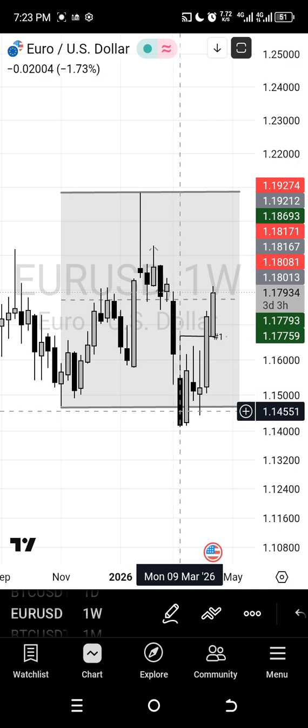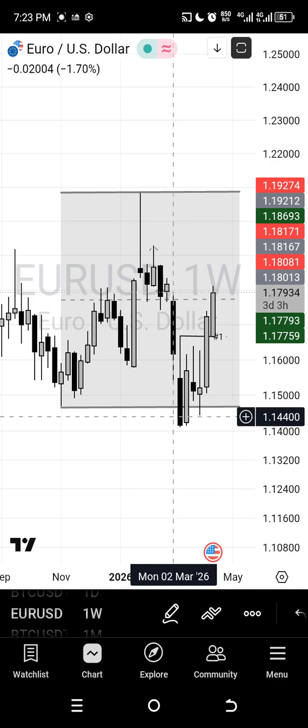On the 9th March of 2026, price swept liquidity below this low, right? So my model number one entry is clearly visible here. The price swept liquidity below the lows with one specific candle.